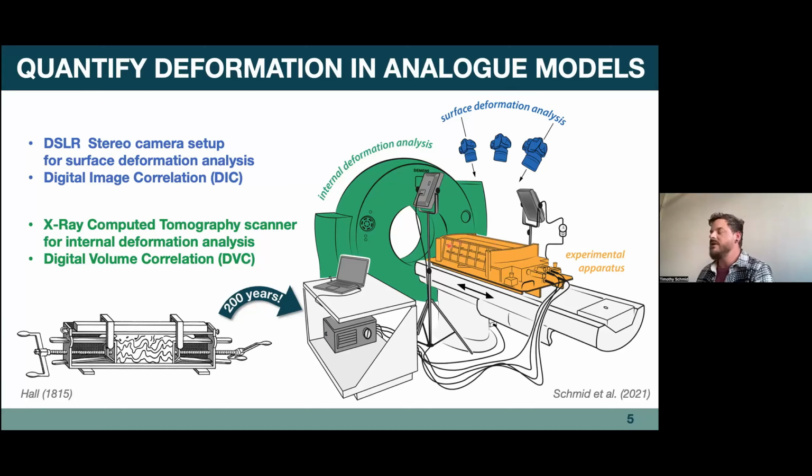And in Bern, we are in the lucky position to also have access to a medical X-ray CT scanner, which allows us to X-ray scan our models during the model run, which gives us further insights into the transient internal deformation, from which we can apply digital volume correlation to gain quantitative insights into the internal deformation.